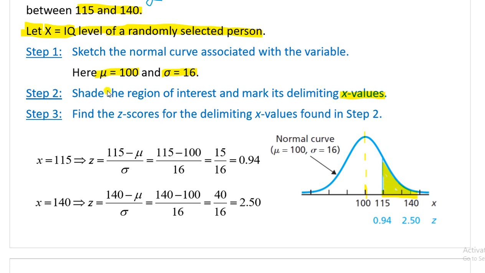Now the next step is to find the z-scores. We sketched the normal curve and shaded the region of interest. Now I will find the z-scores. How do we find z-scores?